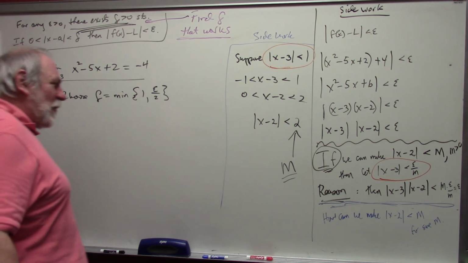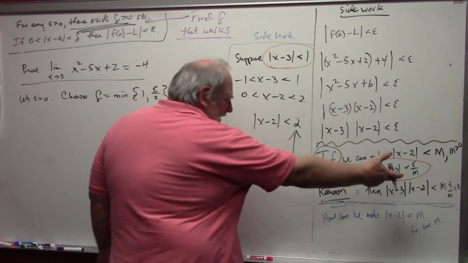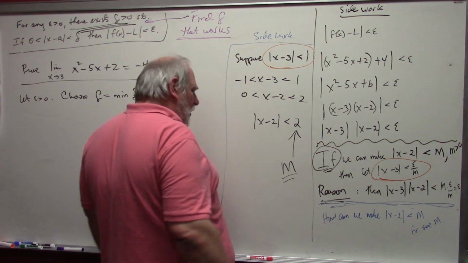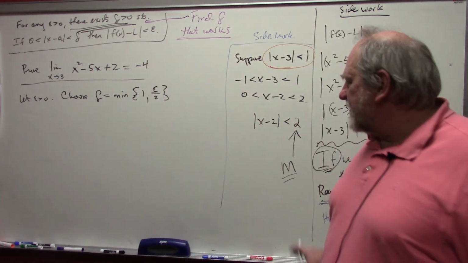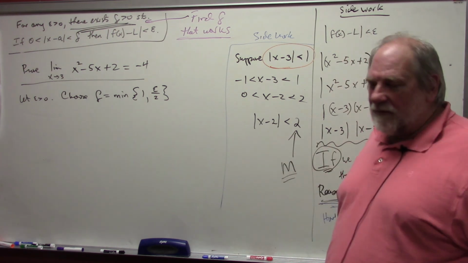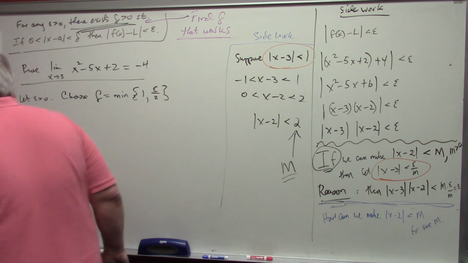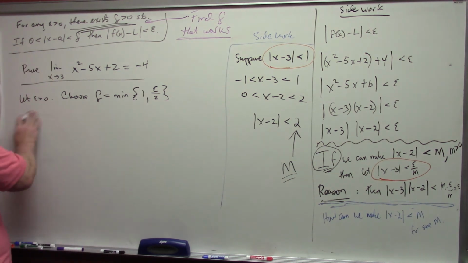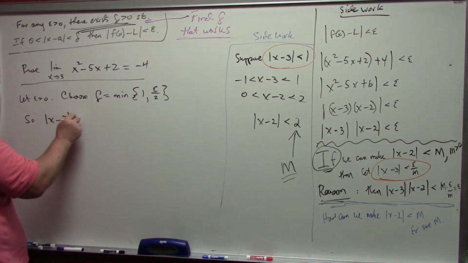If I pick the smaller value, 1 or epsilon over, in this case, my m value turned out to be 2, 1 or epsilon over 2, if it's inside the smaller, it's inside the bigger. So by doing that, that means, first off, the absolute value of x minus 3 is less than 1.